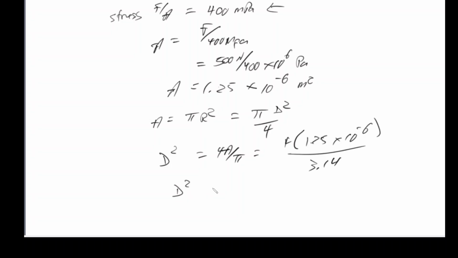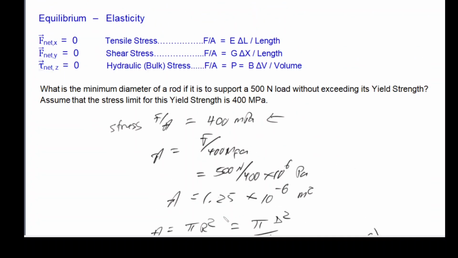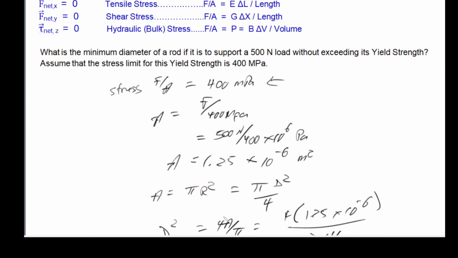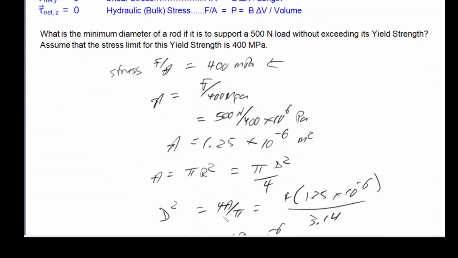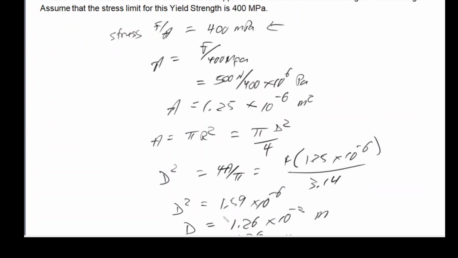D squared comes out to be equal to 1.59 times 10 to the minus 6, and d is equal to the square root of that, which is 1.26 times 10 to the minus 3 meters, or 1.26 millimeters. So that is the minimum diameter of the rod needed to support the 500 Newton load.